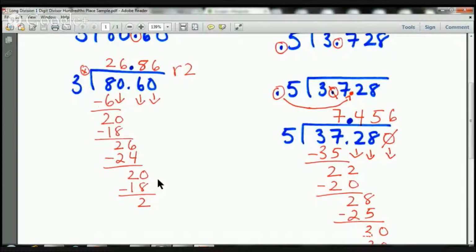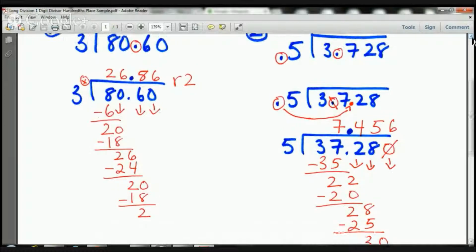Well, I need 20, so I passed it, so it definitely has to be 6. 3 times 6 equals 18. I put it there, my minus sign, and my line. 20 minus 18 is 2. So the answer is going to be 26 and 86 hundredths, remainder 2. Okay? Now let's take a look at the next one.